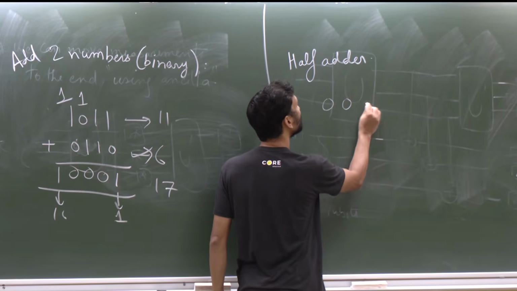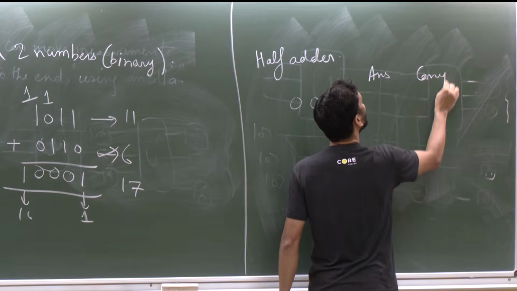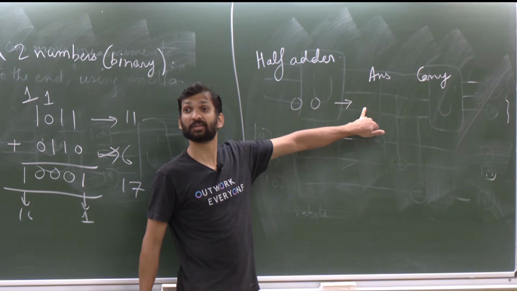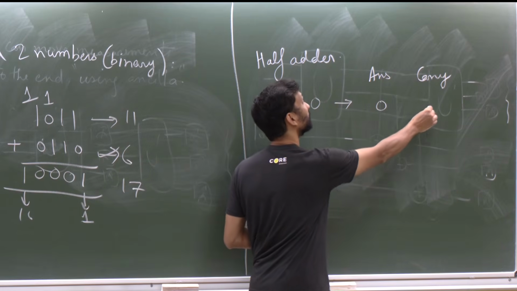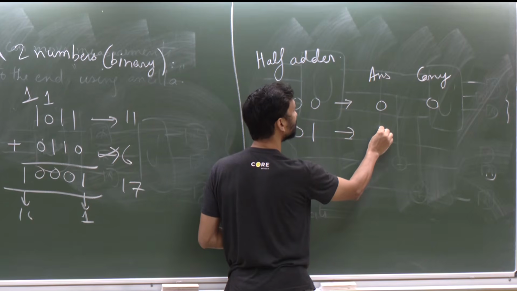If I give it 0, 0, what answer should I get? What carry should I get? If I give it 0, 1, what answer should I get?